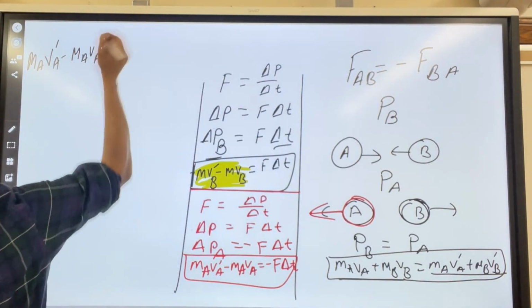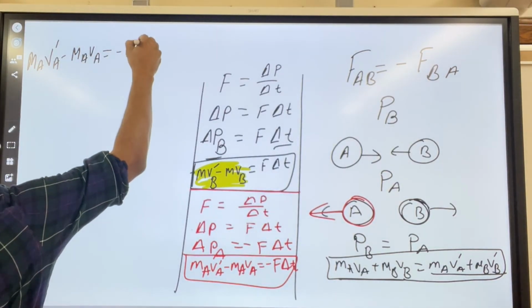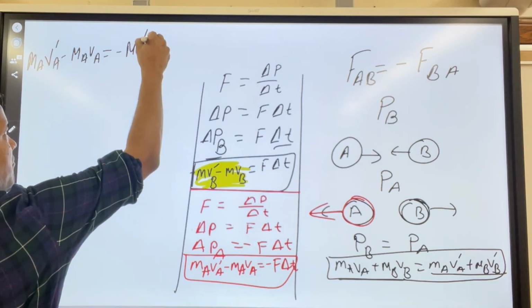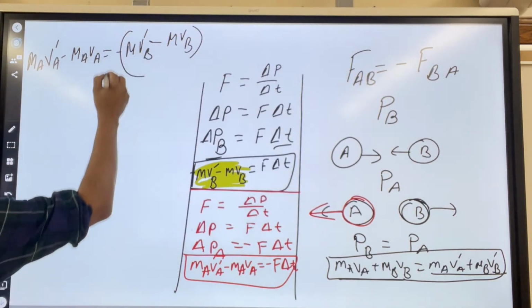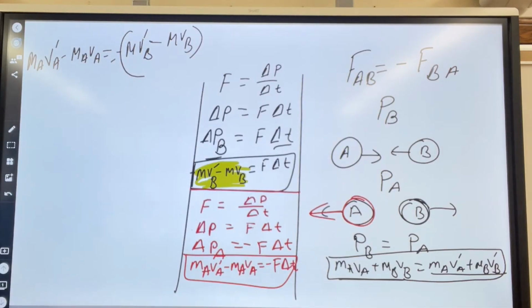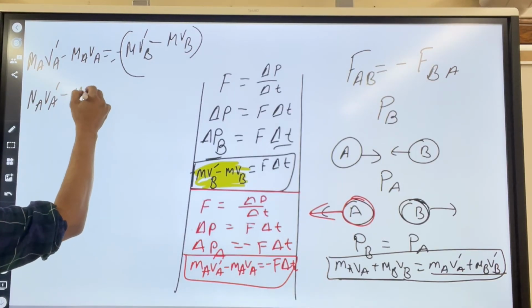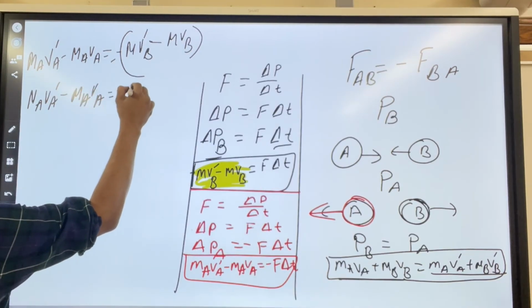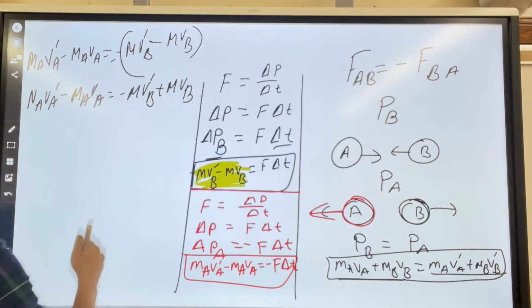M, maybe I have to change the color. So m_B v_B' minus m_B v_B. What a mistake I made? I have to put a parenthesis, otherwise there will be a problem here. Okay, so m_A v_A' minus m_A v_A is equal to minus (m_B v_B' minus m_B v_B), right?